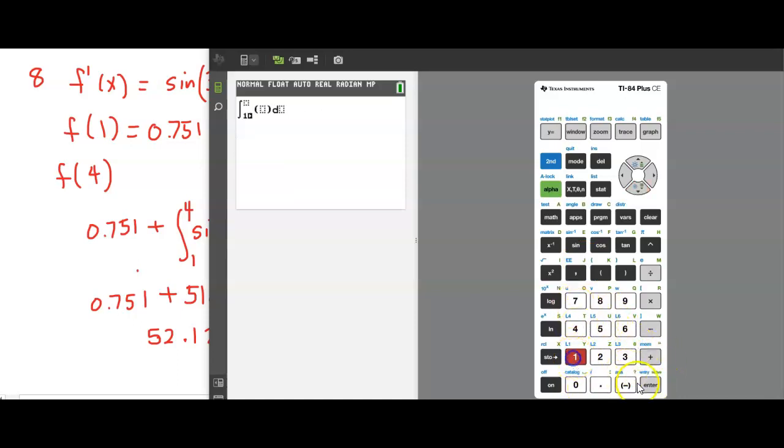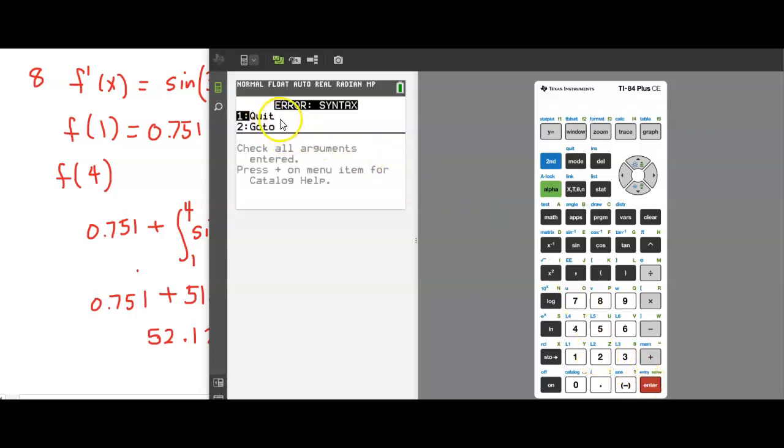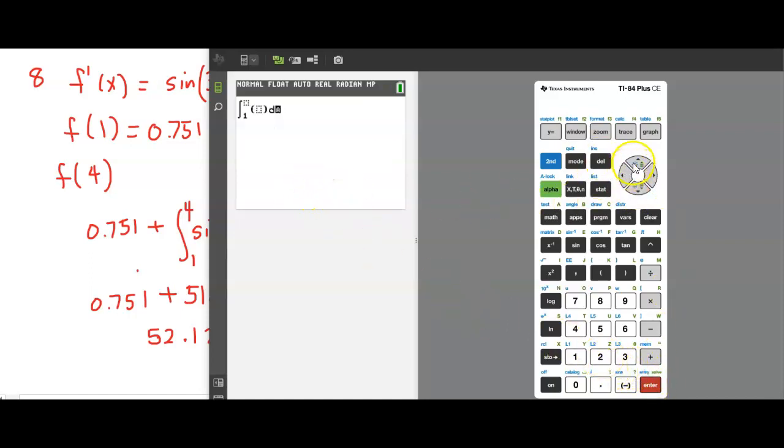And we're going from 1 to 4. There, where you get that, and then you'd add that to the 0.751.